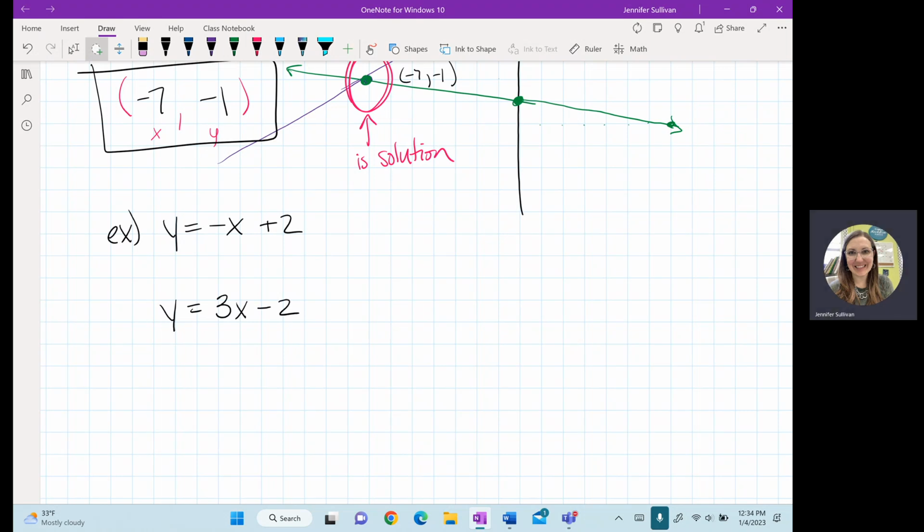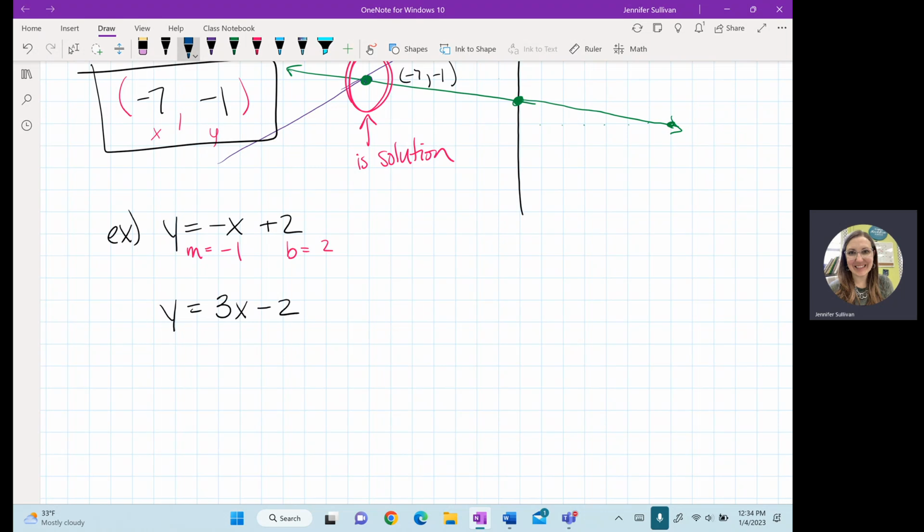Okay. So what we're going to do once we have our original problem is name the m and b. So in the first equation, what's my m? -1. What's my b? 2.